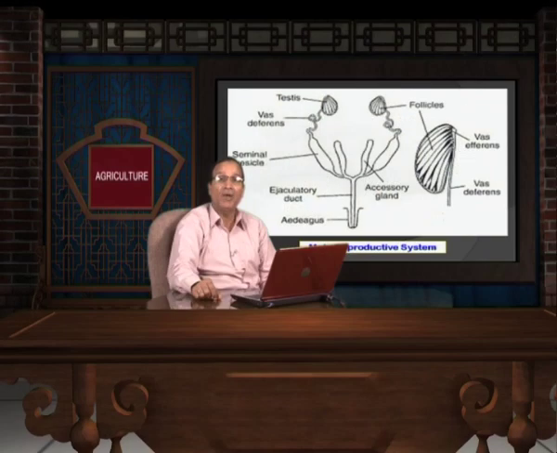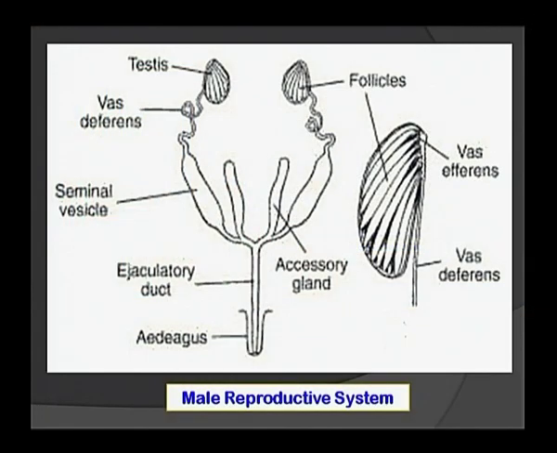Now, the posterior part of the testis opens into a fine tube-like structure which is known as vas deferens, and both these vas deferens unite in the form of ejaculatory duct.